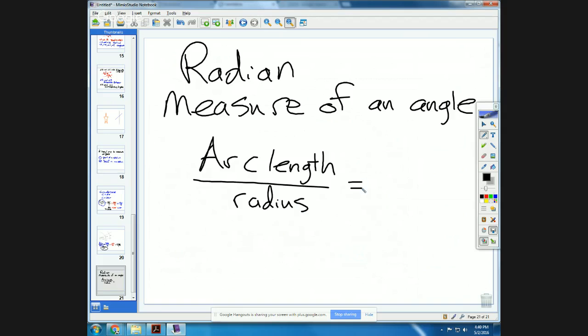The resulting number is what's called the radian measure. So that's how you calculate radians. But it turns out they're slightly easier to work with than that, and so I'm going to go over that next.